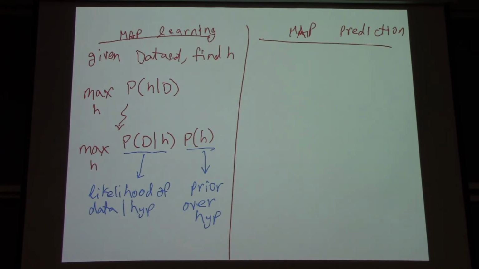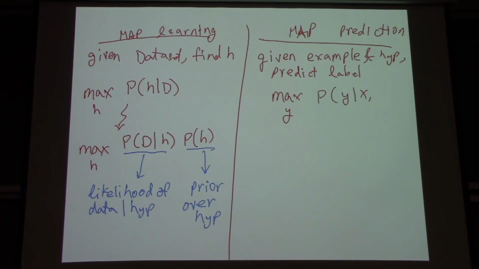In MAP prediction, the goal is, given an example and a hypothesis, predict the label. So we want to maximize over y. We have a hypothesis. Our goal is to find the label that has the highest probability for a new future example.